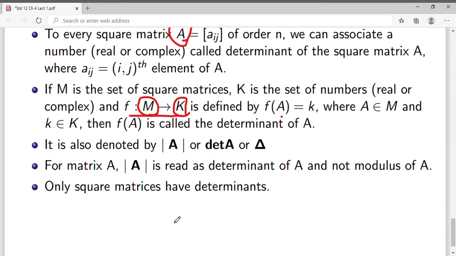Only square matrices have determinants. If in a system of linear equations the number of rows and the number of columns are not the same, we get a non-square matrix, and in this case the determinant is not possible. So the determinant is possible only in the case of a square matrix.